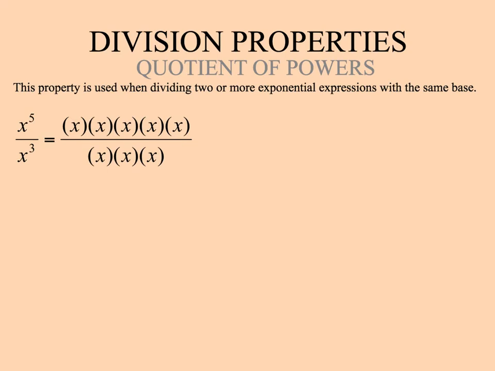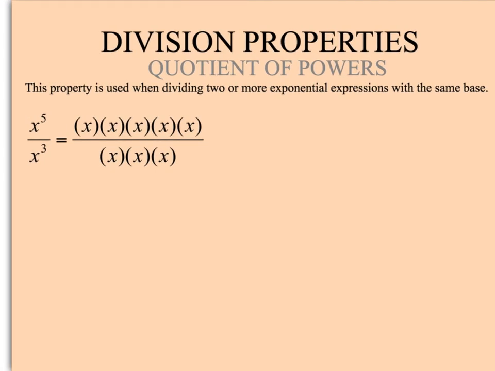Okay, the last thing we're going to be working on is the division property. Over here you can see that I have x to the 5th power divided by x to the 3rd. Now I wrote out all the x's in the numerator and the x's in the denominator. For every x that's in the numerator, you can cancel out one in the denominator.